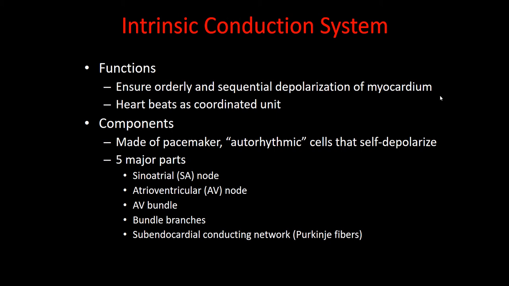There are 5 major parts to the intrinsic conduction system. It starts with the SA node. From the SA node, the signal travels out and then to the AV node, where it pauses for a little bit, then into the AV bundle, then to the bundle branches, and then up the walls of the ventricles in the subendocardial network, or Purkinje fibers.